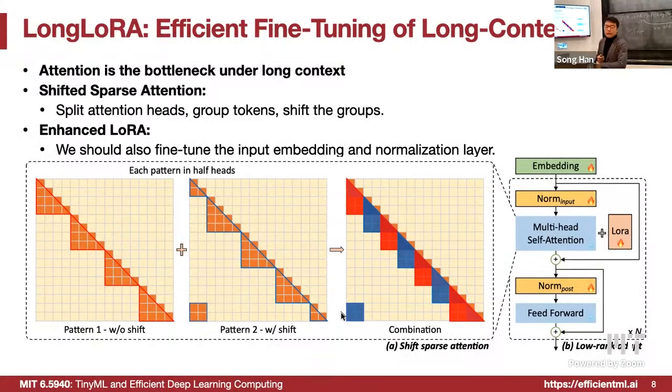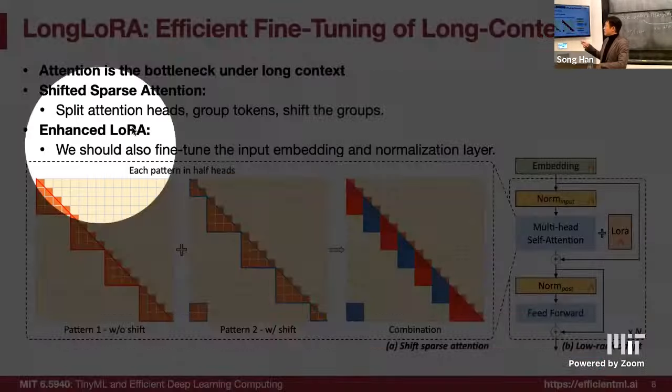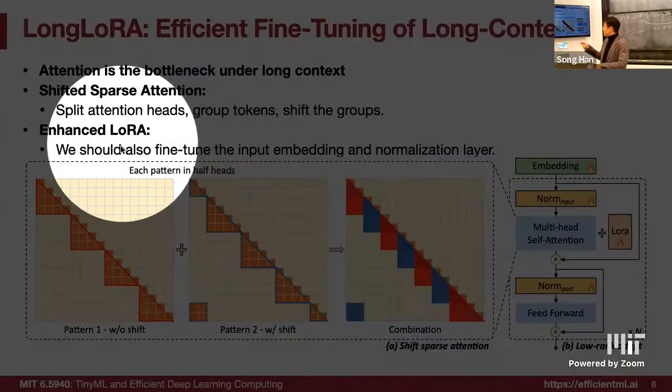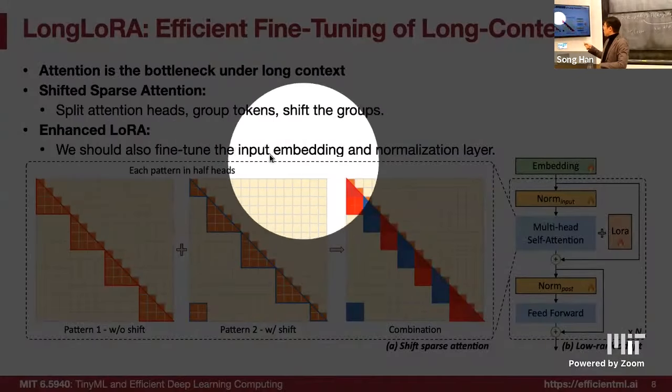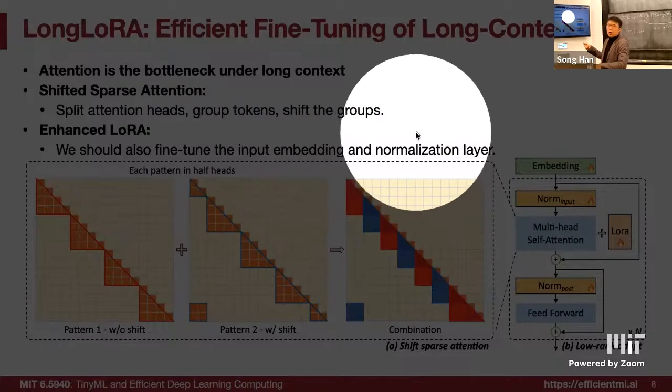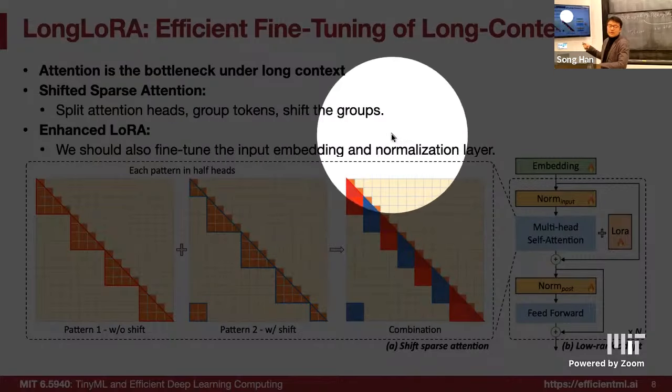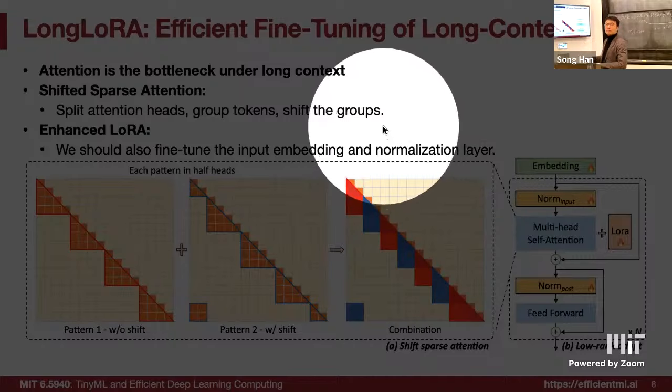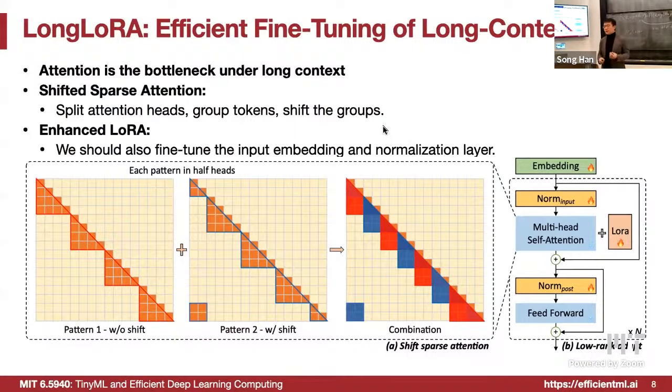And the second technique we find super helpful is to enhance the LoRA. We talked about LoRA in the previous lecture. We should fine-tune not only the low-rank branch, but also the input embedding and the normalization layer. We've visited the normalization layer many times. For example, in SmoothQuant and AWQ, we basically merged those scaling factors into the normalization layer, into the bias and the scaling factor of the normalization layer.